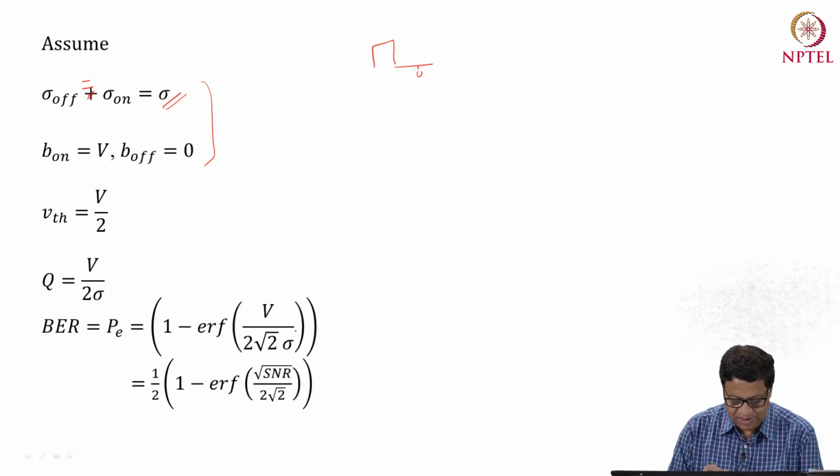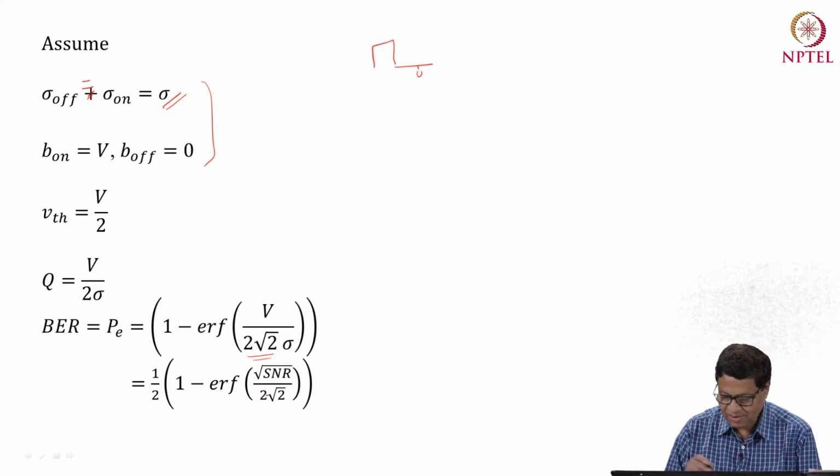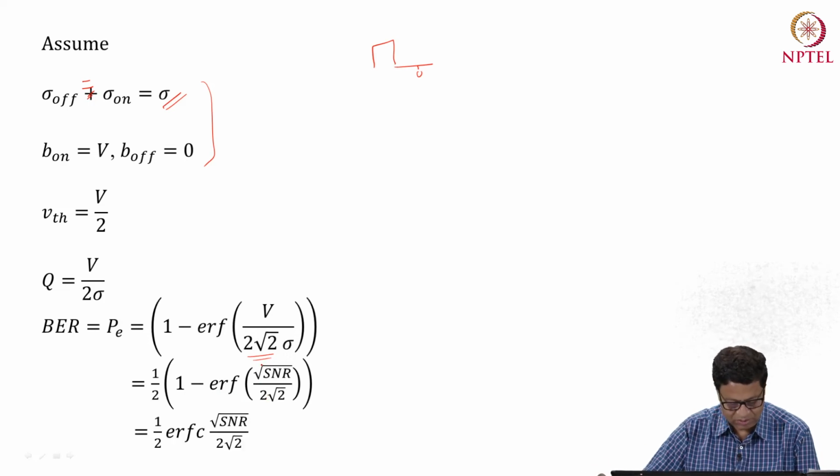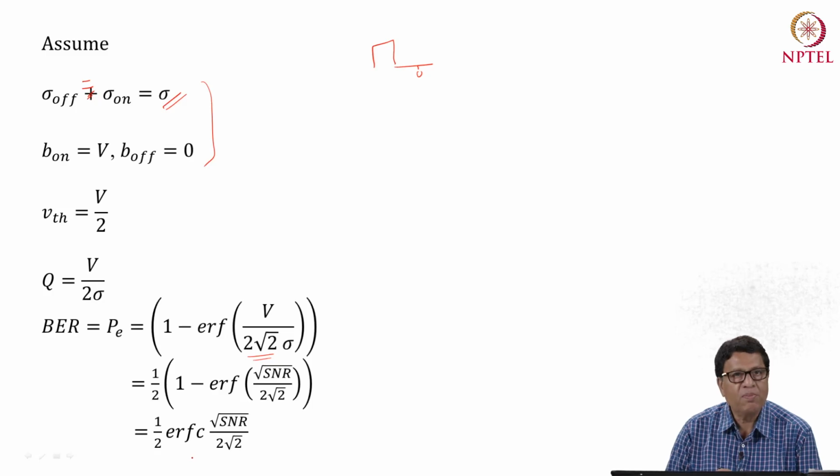And this is nothing but the square root of the signal to noise ratio, because if you take V square, it gives you some sort of power, and if you take sigma square, it gives you the noise variance. So V by sigma is nothing but root SNR, and 2 root 2 is coming because of this. So half times (1 minus erf(root SNR by 2 root 2)), or it can be written in complementary form, half erfc(root SNR by 2 root 2).